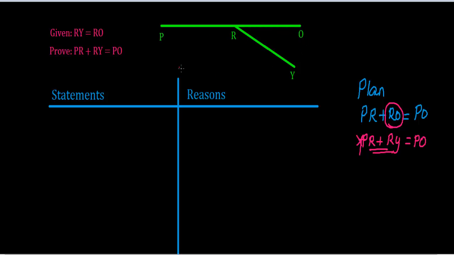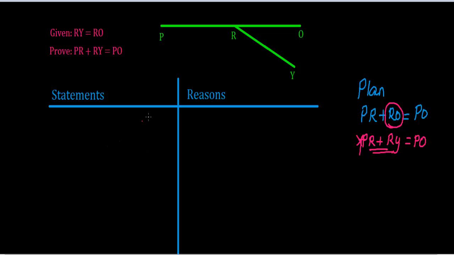In this case, we're using PRO. So we can also say if point R is between point P and O, then PR plus RO is equal to PO. And once I state that, I start looking to see how I can make ends meet and how I can use the given to help me reach the conclusion. And look how quickly we got there.